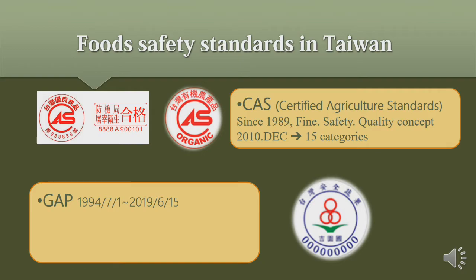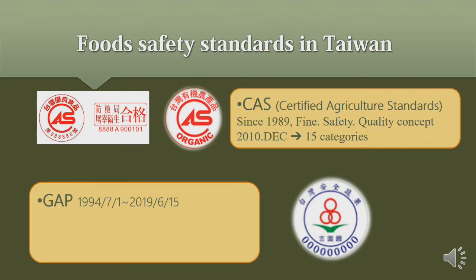It examined every farm and every vegetable from the farms, how they plant the vegetables and how much pesticide they give, and whether that is qualified or too much. If it is too much, you cannot put it on the market. So that is the government saving all of the citizens so they have fine food to eat.